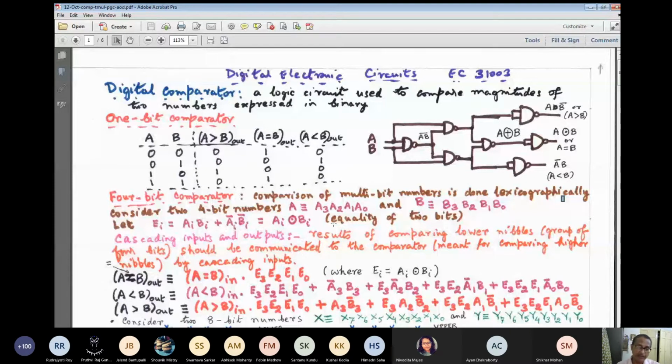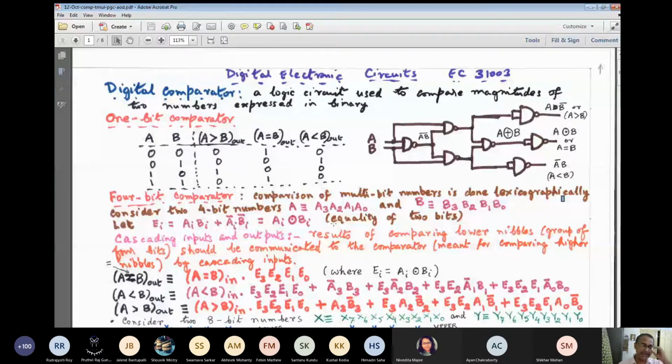Comparing A0 and B0, we find they are equal. Then we go to the next higher order, where A1 is 0 but B1 is 1, so B1 is greater than A1. Again, B2 is greater than A2. But when you go over to the most significant case, A3 and B3, we find that A3 is greater than B3.